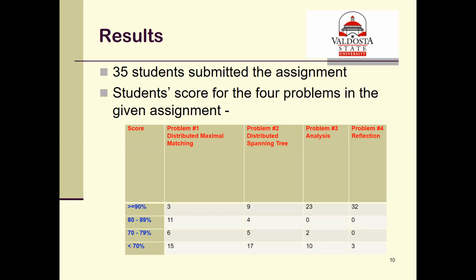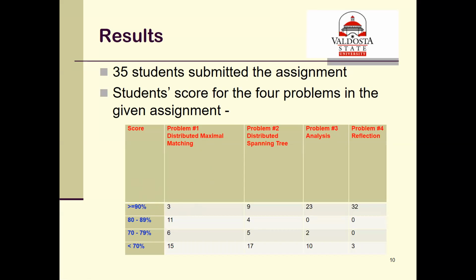So now let's take a look at the results and see what the findings are. As I said, 35 students submitted the assignments. We have this table with the different scores for the 4 problems. We categorize them as greater than or equal to 90%, how many students scored between 80 to 89%, 70 to 79%, and less than 70%.